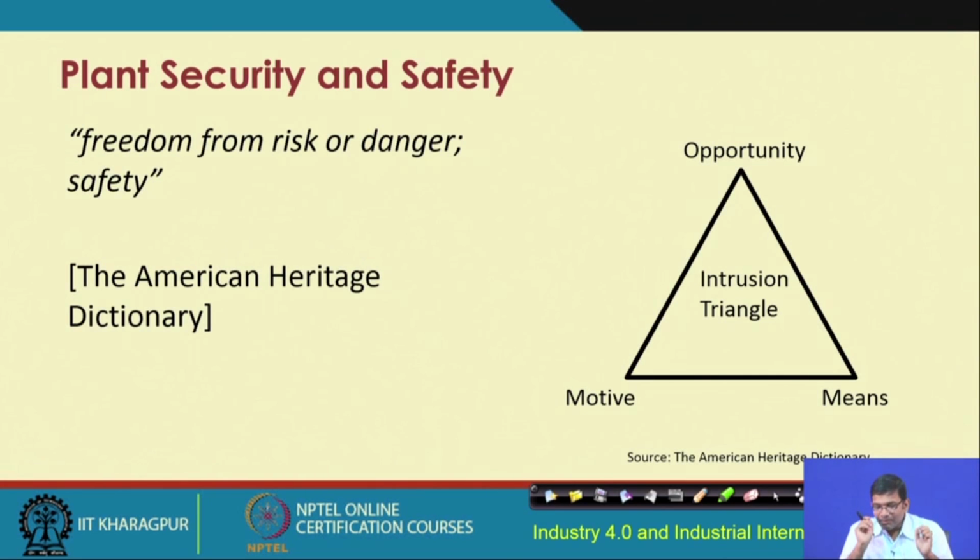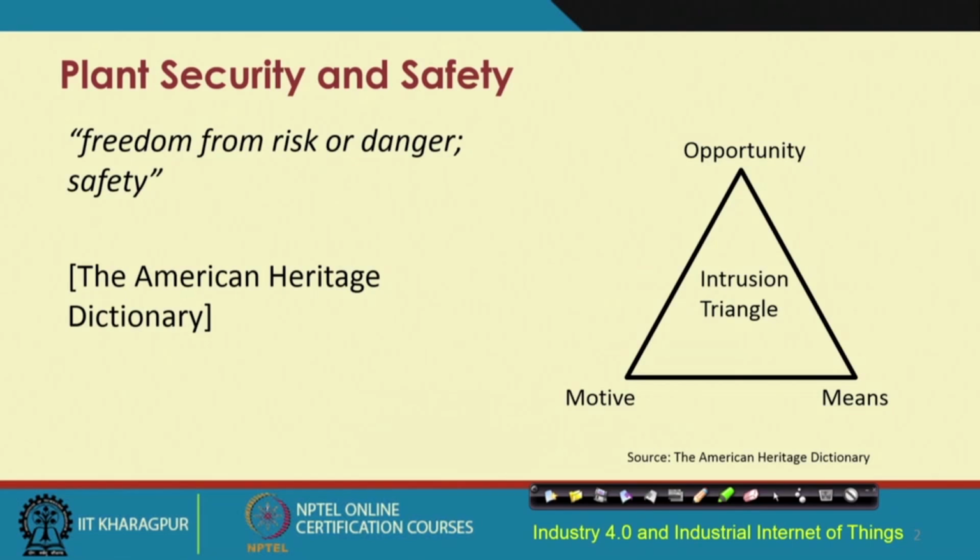Number one, consider that we have an intruder. The intruder will have some kind of motive, some motive must be there for the intruder to do a certain thing. Second thing that the intruder would consider is the means.